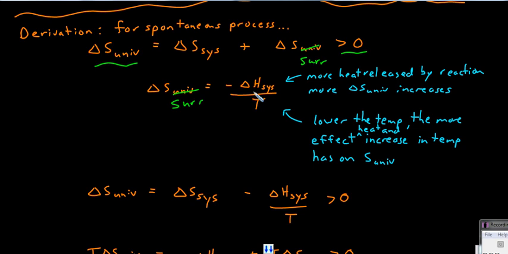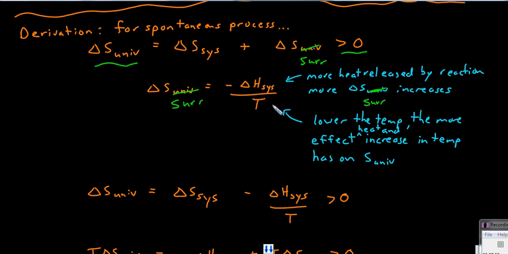This is saying that when more heat is released by the reaction, that will increase the entropy of the surroundings more. Because when you're releasing more heat to the surroundings, you're increasing its temperature more, and so you're increasing its entropy more.